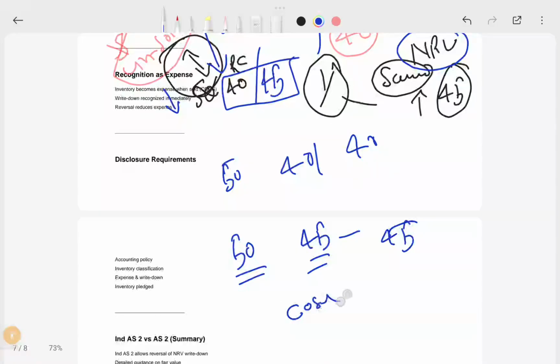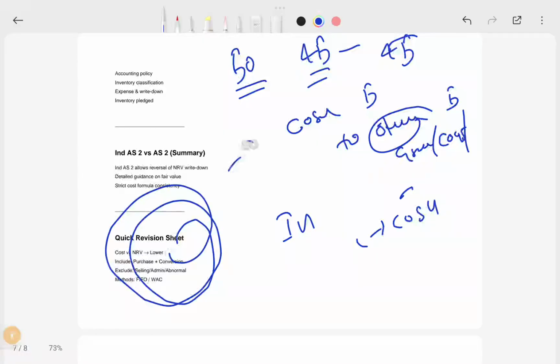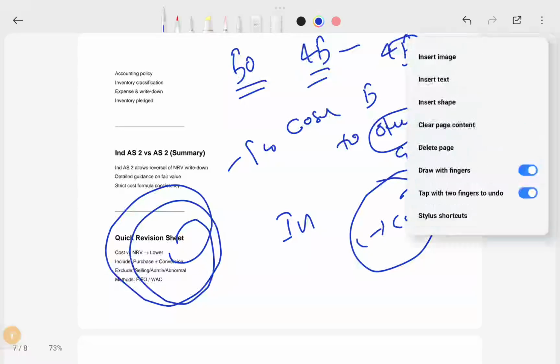Closing stock will increase by 5 rupees, with the credit going to other income, because earlier it was an expenditure in cost of goods sold. Now you need to remove it from cost of goods sold as a negative expenditure. Generally, Ind AS shows it as a negative side of the cost of goods sold. In the purchases there will be the cost of goods sold, and in that you will reverse it and show it as a negative expenditure.